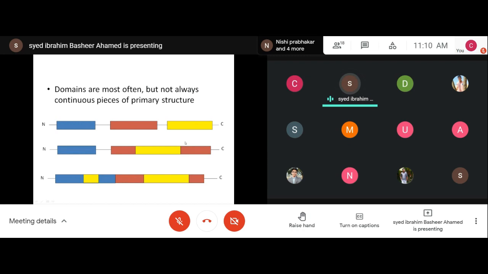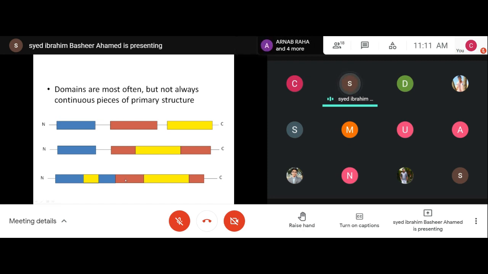Domains are most often, but not always, a continuous piece of primary structure in the sequence. So it is not necessary for each domain to be together. You can see here these three domains found together in one protein, whereas in another protein they are in different locations.